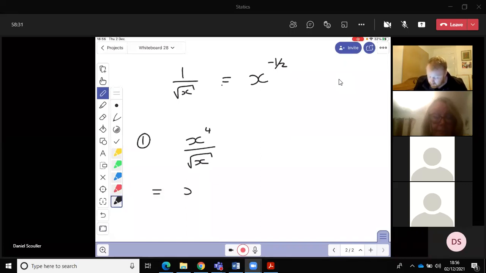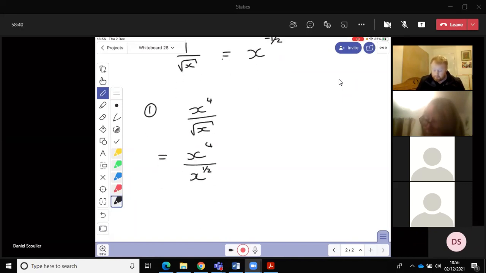We could also write that as x to the 4 over x to the half, since our root is just a power of a half. We know if something's on the denominator and we bring that power up to the top line, it becomes negative. So that becomes x to the 4 minus a half.